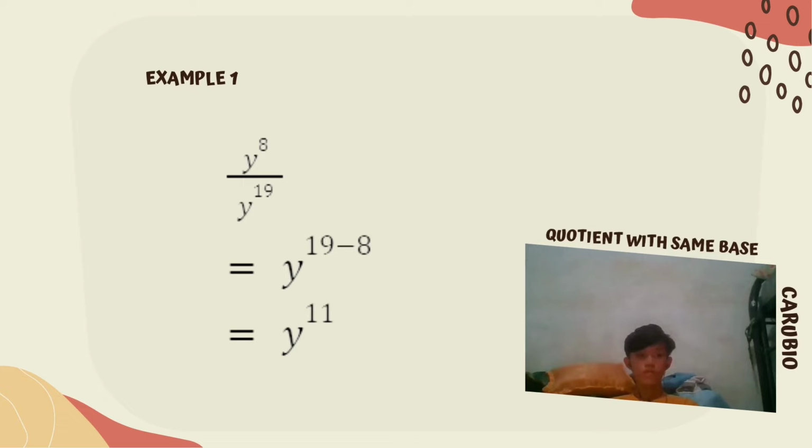In order to solve this, we need to subtract the exponents of both terms. So y to the 8th power minus 19 is y to the 11th power, and that's the final answer.